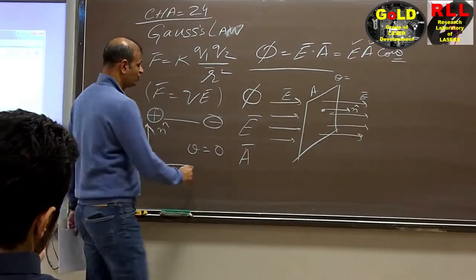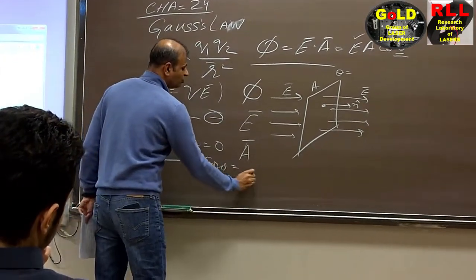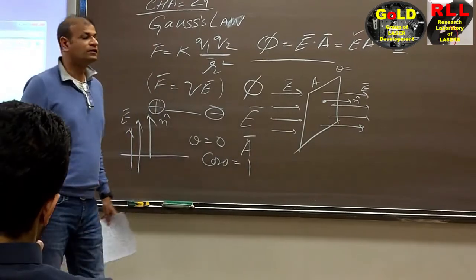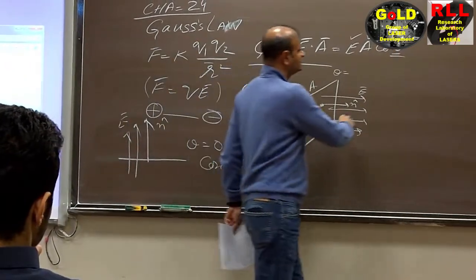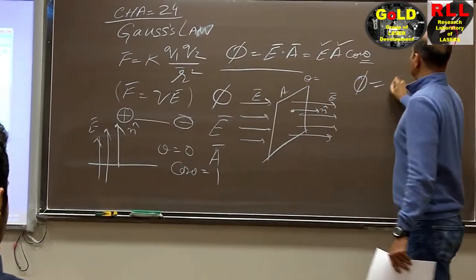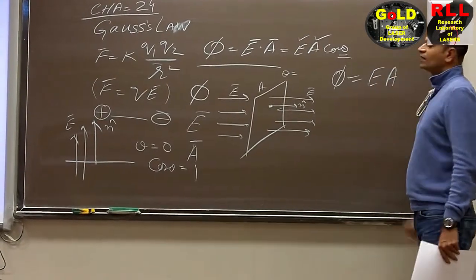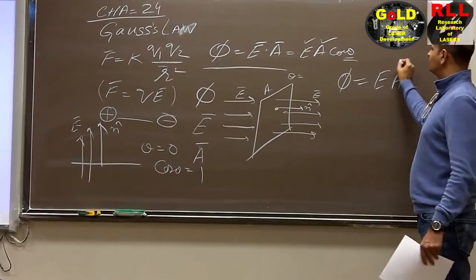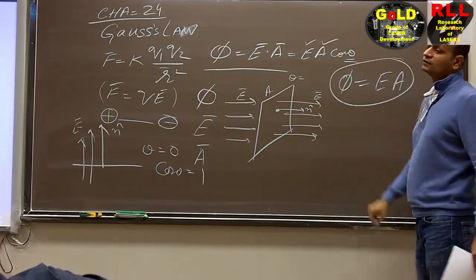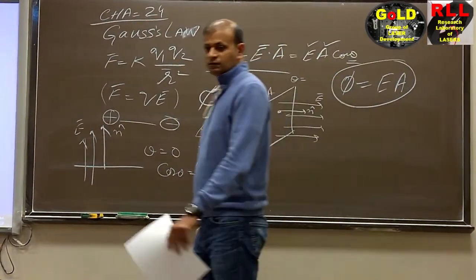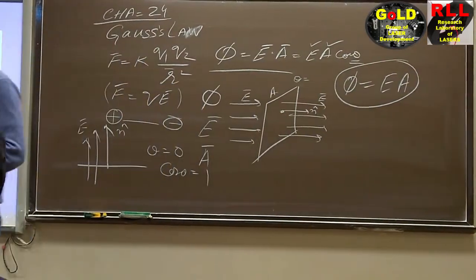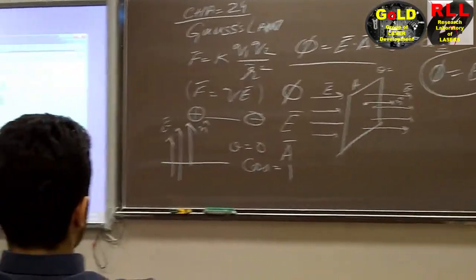If theta is 0, cosine theta is equal to 1. So in this case you have maximum flux, which means maximum electric field lines are passing through.